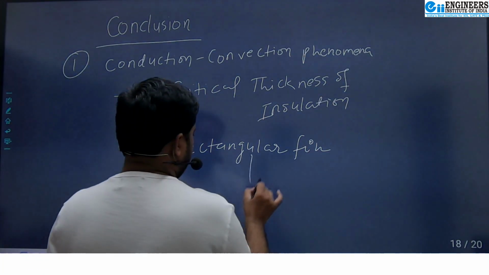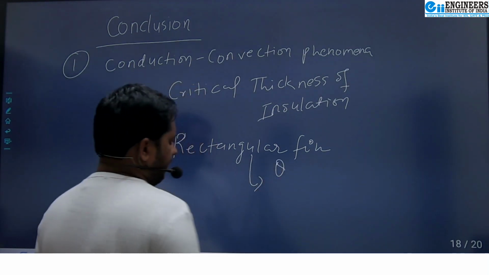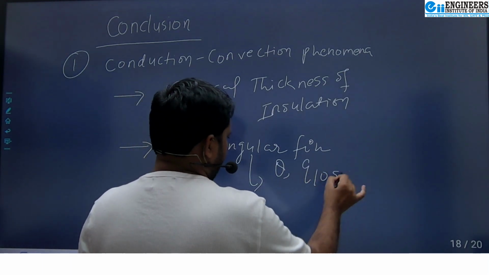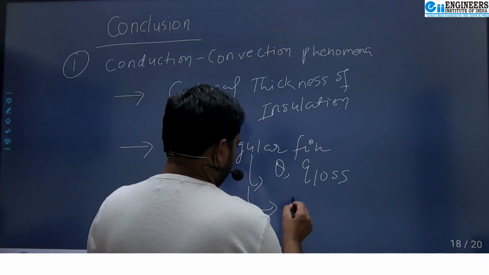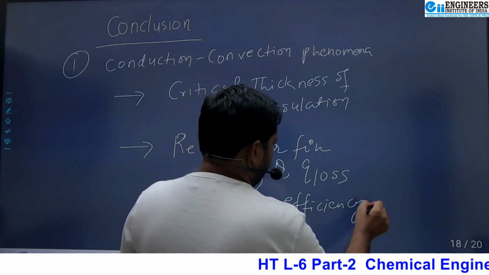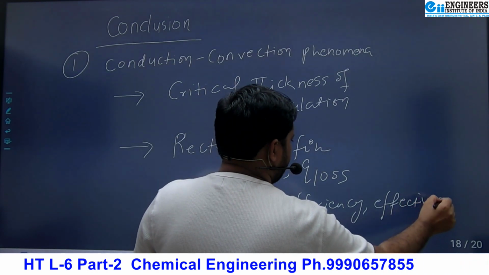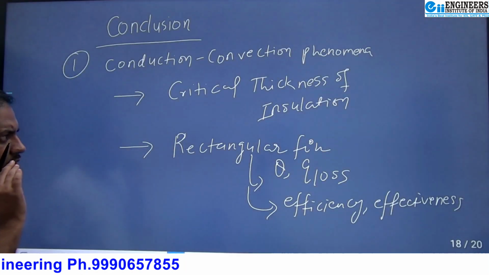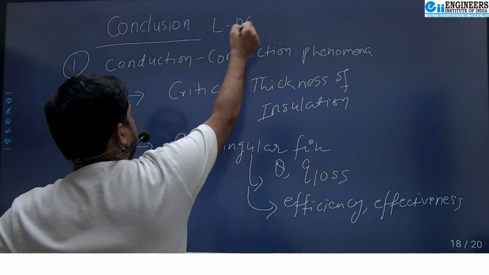In the rectangular fin we also calculated the temperature profile, that is theta by theta naught, and also Q loss, and at the end we discussed the efficiency and effectiveness of the fin. So this is our entire topic, the conclusion of lecture 6.